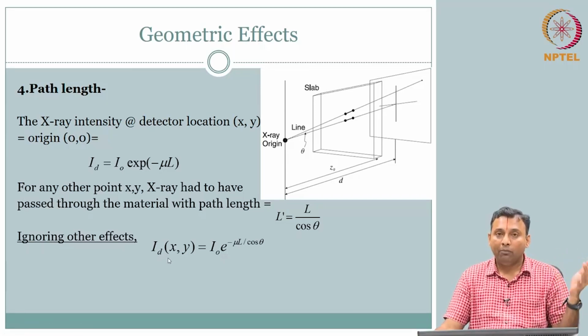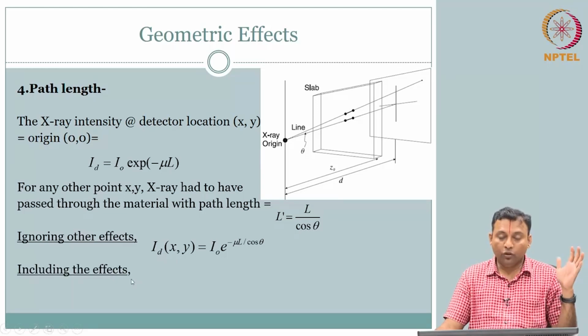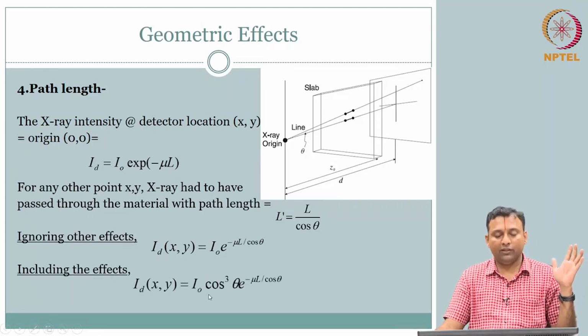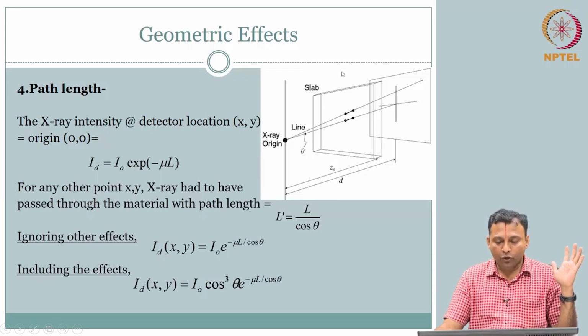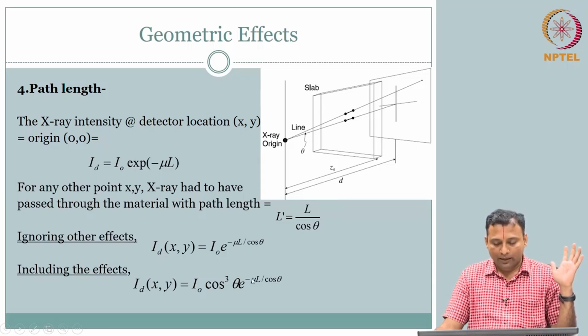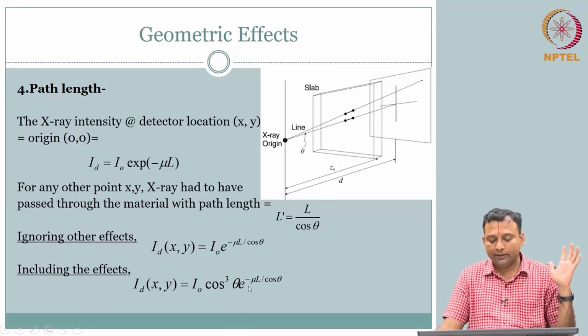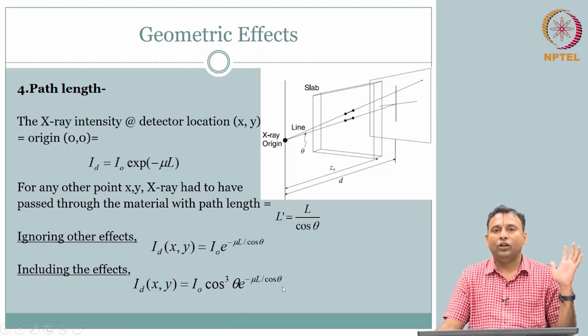It is going to be a multiplicative effect. The other effect was I naught cos cube theta. So, we are going to have I_D equal to I naught cos cube theta, what we had before. Now, because you have a material, you are going to have a material property, and the path length in that material is going to be incorporated as this term, e to the minus mu L by cos theta.